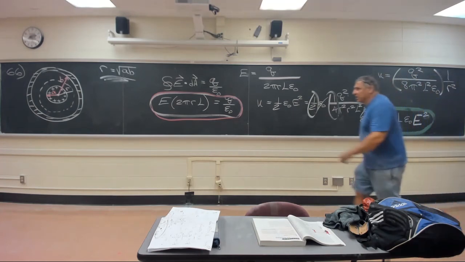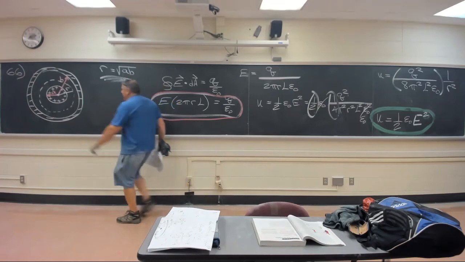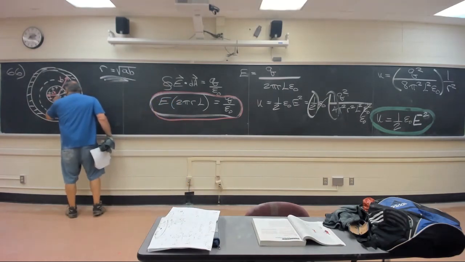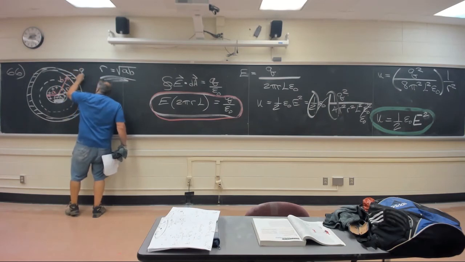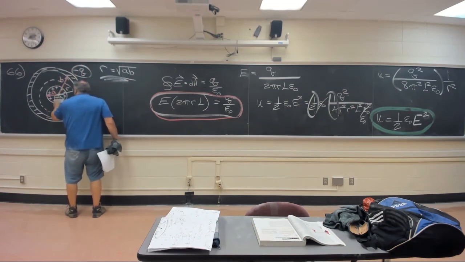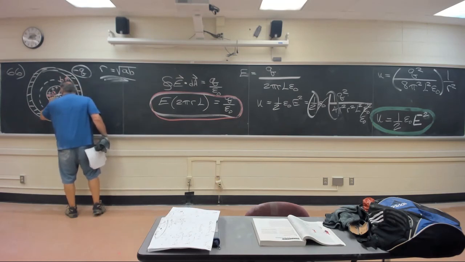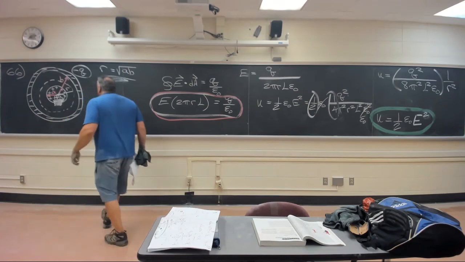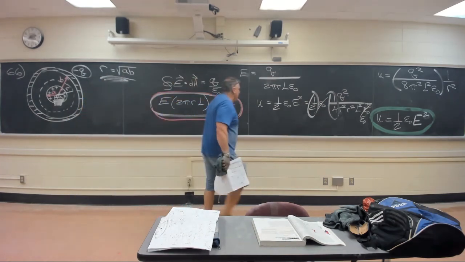Q doesn't change. You're containing positive q right here. Here's negative q out here, but you're not reaching up to negative q. You're only dealing with the positive q, so q is what you're containing every time.